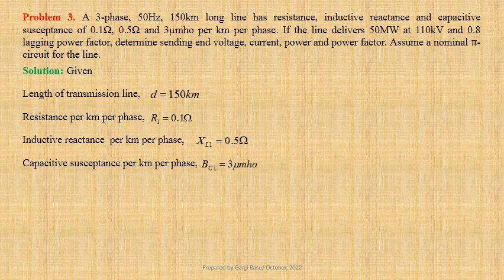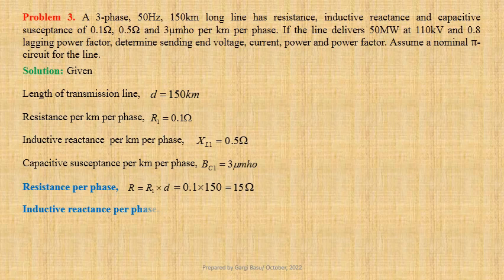Let us now calculate resistance per phase. R equals R1 into D. Using values we get 0.1 into 150, that gives us 15 ohm.